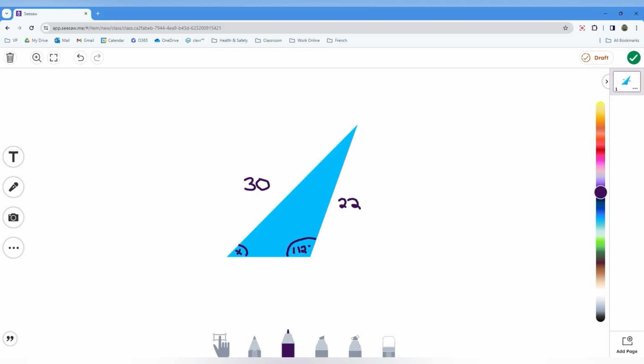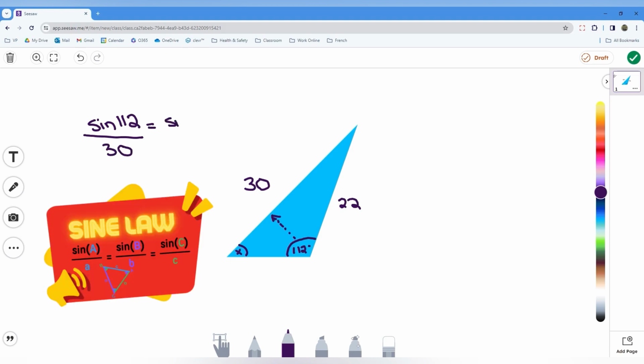So the law of sine says that if I take the sine of an angle, and the only angle I know right now is 112, and I divide that by the side length that is opposite, in this case 30, I set that equal to the sine of another angle.